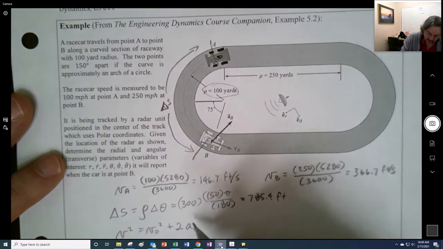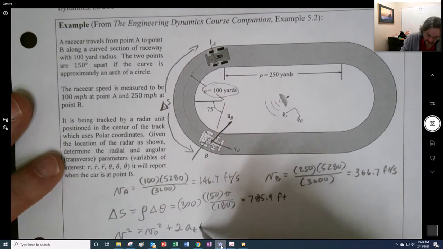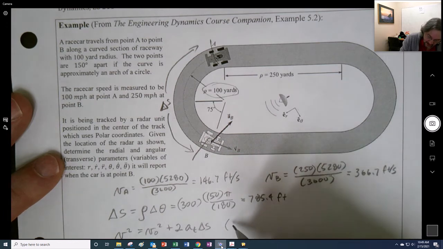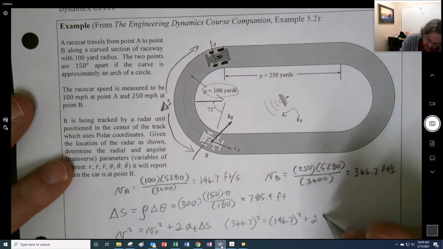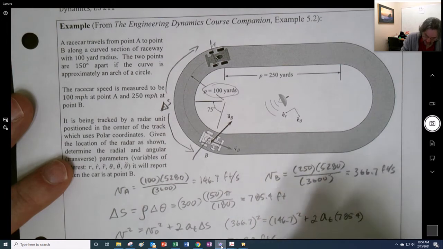We'll assume that it's doing it at a constant rate, times its delta S. So what we're finding is 366.7 squared is equal to 146.7 squared plus 2 times AT times our delta S, 785.4. So we can find that our tangential acceleration is 71.89 feet per second squared.